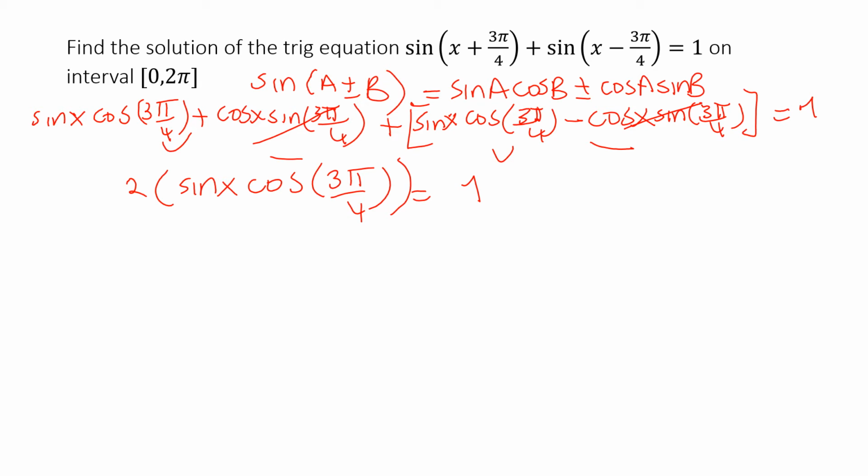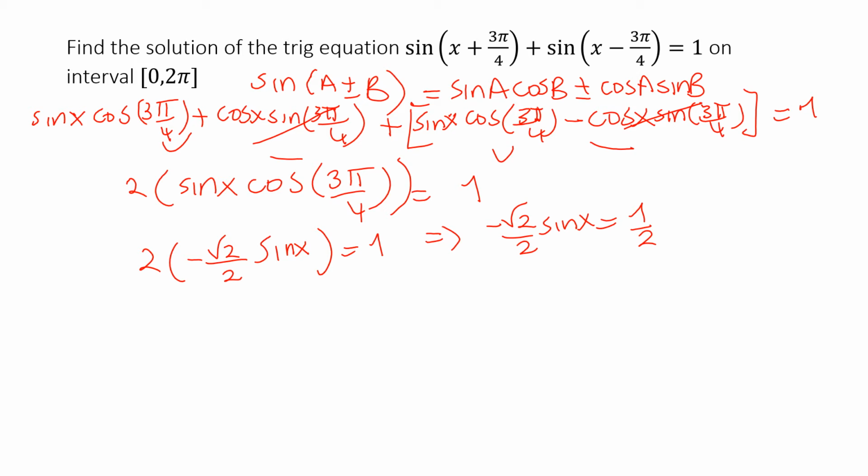So now cos 3π/4 is negative root 2 on 2, so we have 2 times negative root 2 on 2 sine x equals 1. Now if we want to simplify this, we have negative root 2 on 2 sine x equals half.